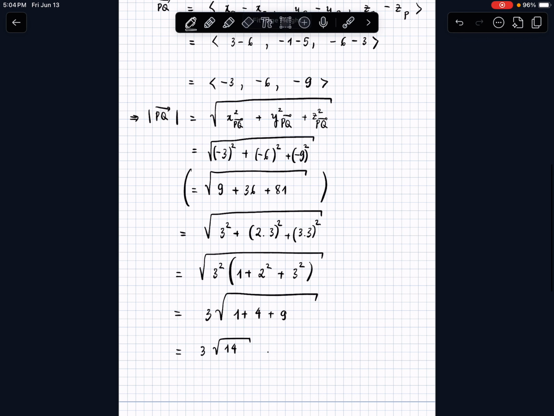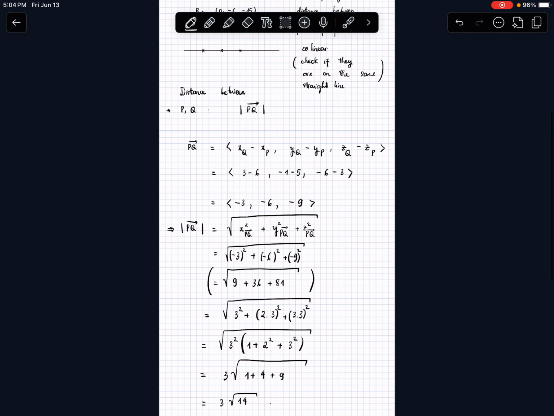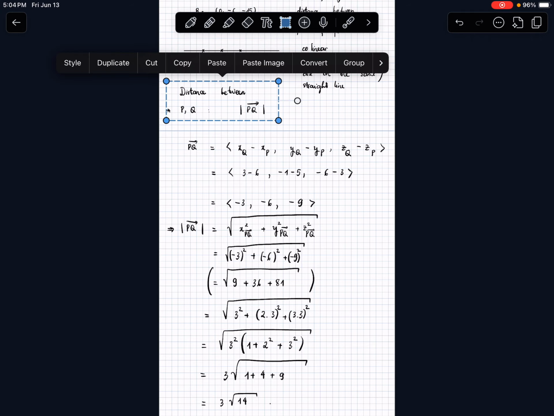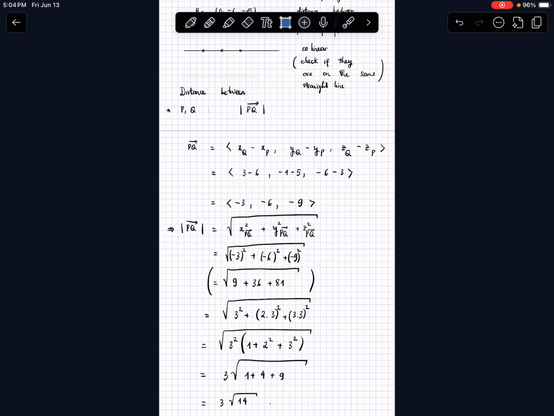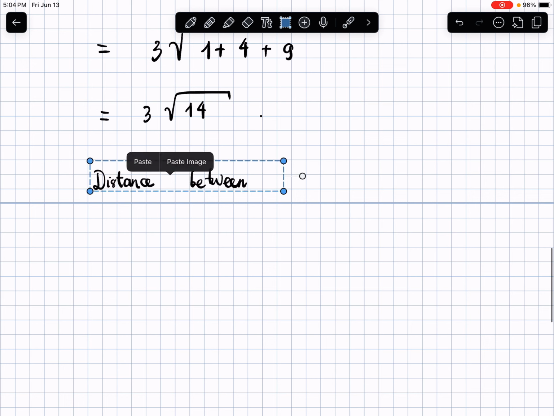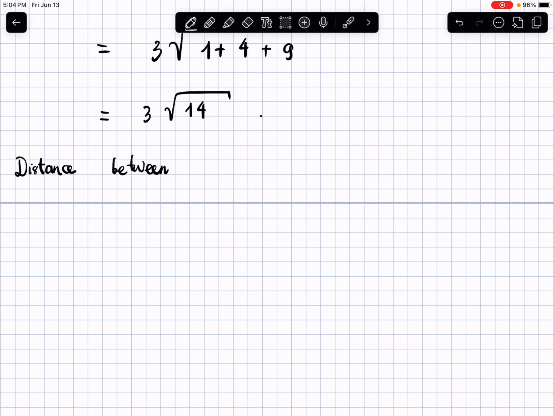So the distance between P and Q is 3 square root of 14.